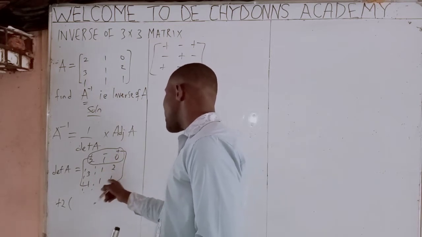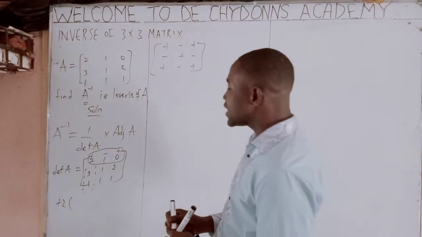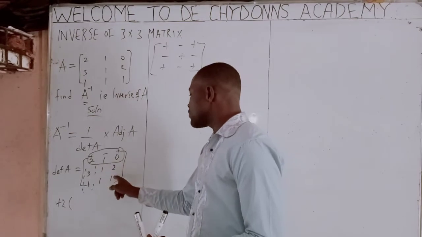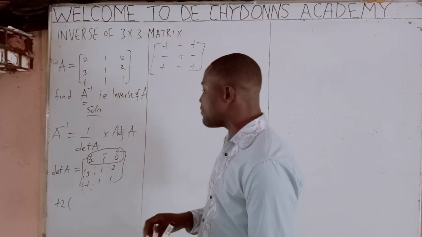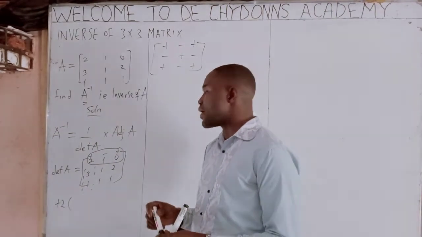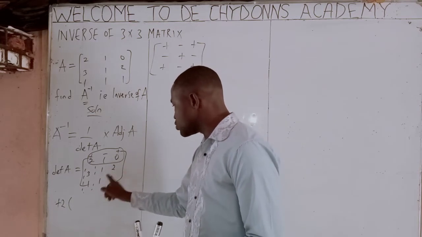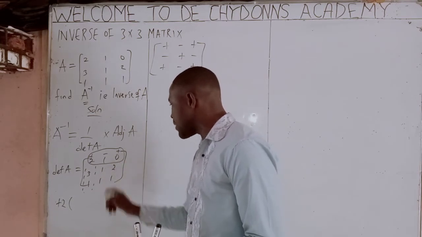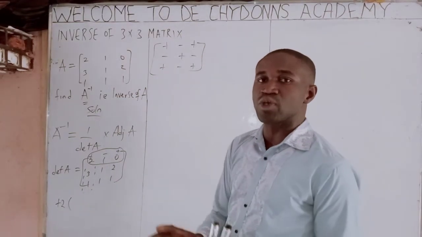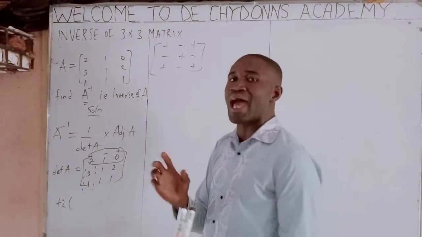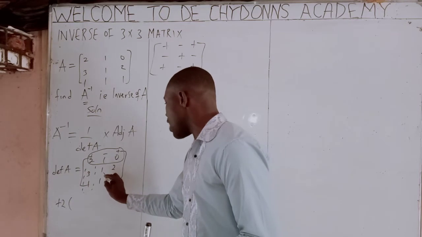These 4 elements that we have remaining, we get their determinants. Determinant of a matrix says get the product of the diagonal elements and product of the off diagonal element, then subtract the 2. I repeat, determinant of 2 by 2 matrix, because this is in 2 by 2, that is 4 elements remaining. Determinant of any matrix simply means difference between the product of the diagonal elements and the off diagonal elements. So what we do is that this is diagonal element.